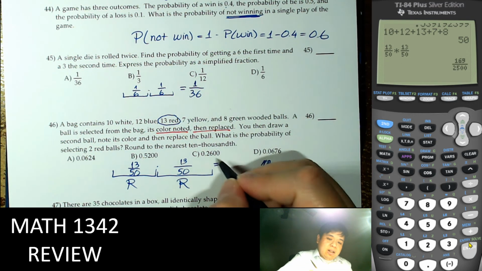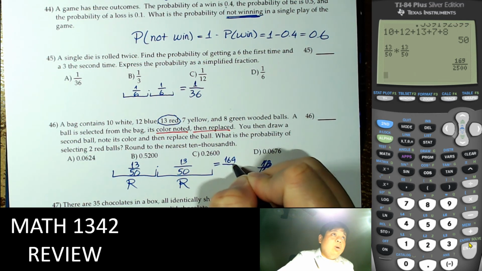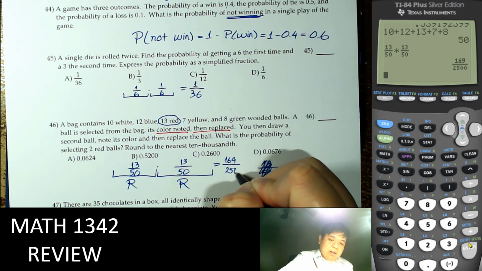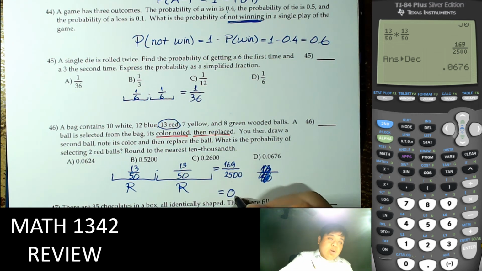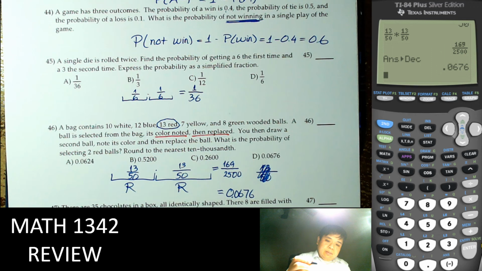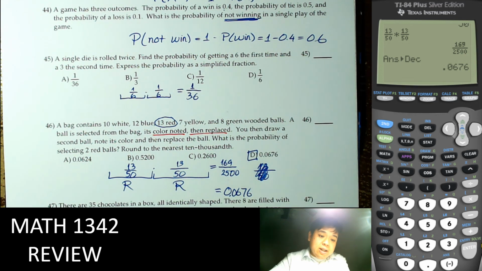We get 169 over 2500. We can convert it to a decimal. 0.0676. Right, so we just have that.